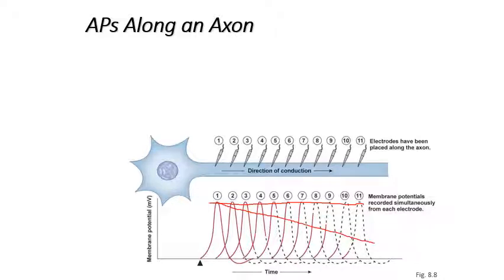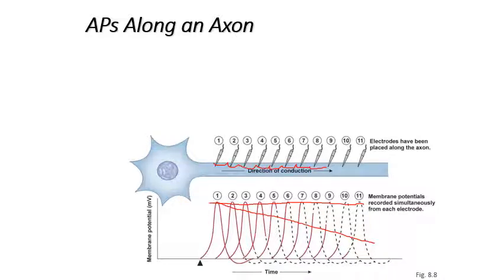Our graded potentials will lose steam as they move through the cell, but these stay the same, and that is because all along this axon we have voltage gated sodium channels and voltage gated potassium channels. So every stretch of channels opens the next stretch of channels, all the way down.